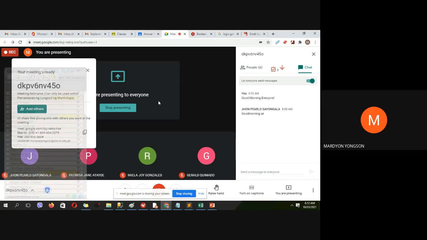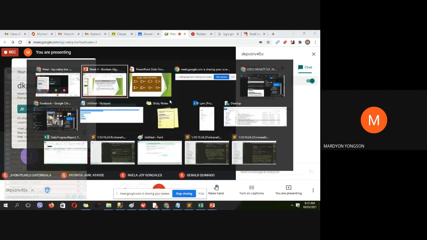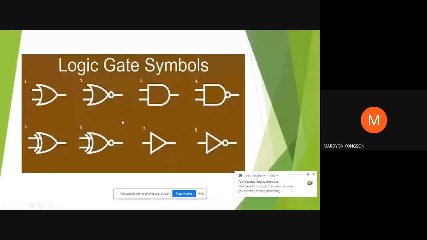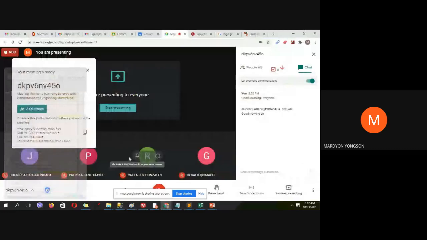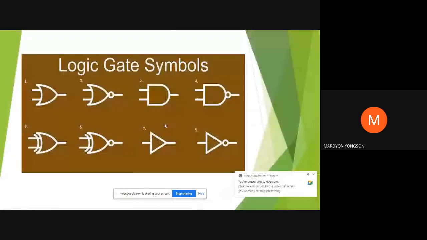Okay, sige. Can you confirm kung wala kayong subject before na tinackle yung logic gates? Or bago lang sa inyo to? Bago lang ata, sir. Okay, sige.